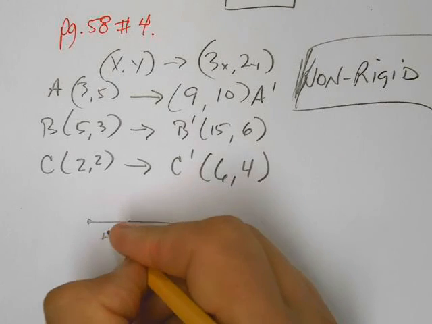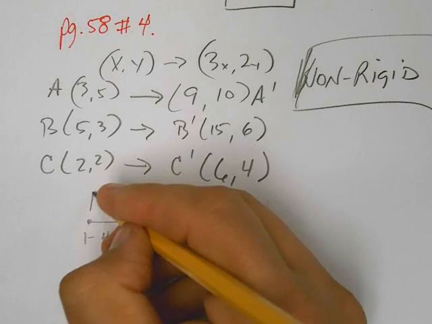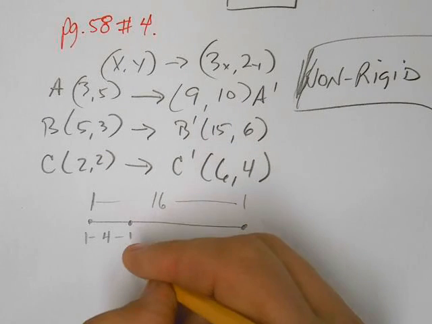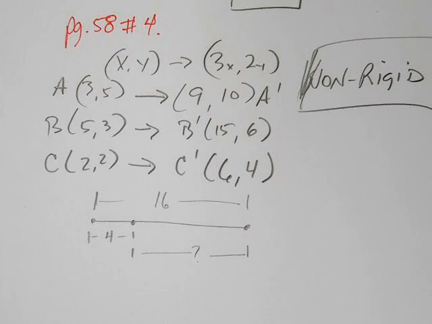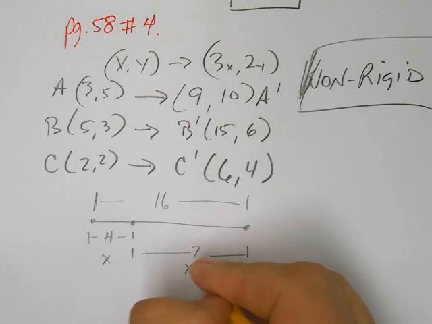If this entire length from here to here is 4, and the entire length is 16, then what's this length? 12. I know, it's simple math. It only gets more difficult when we are putting variables in there. Like this is x plus 4.